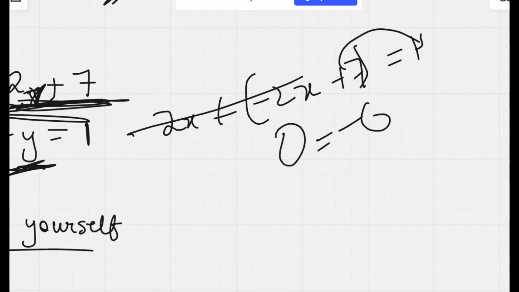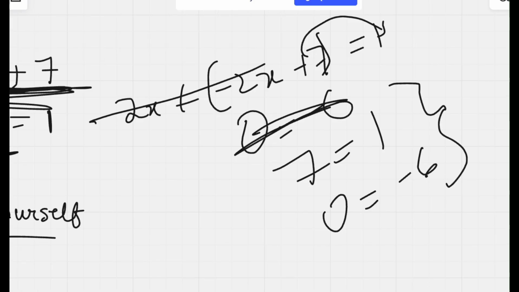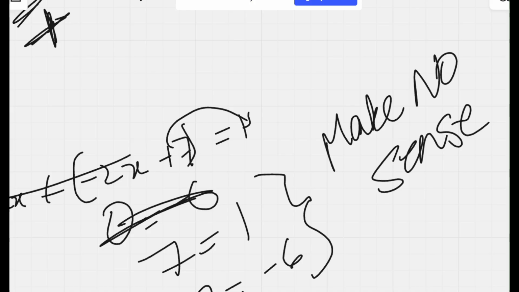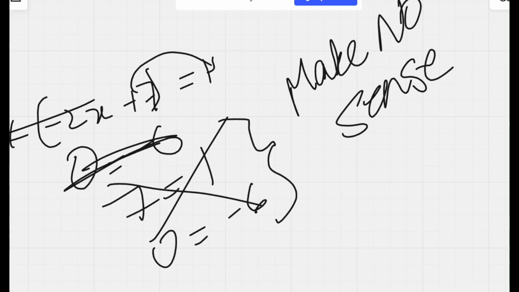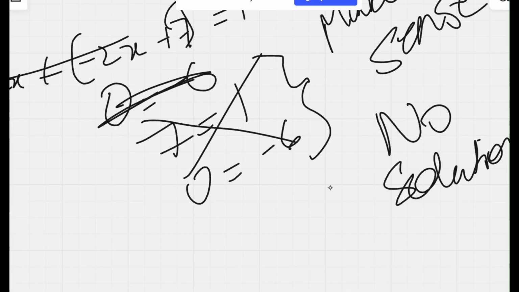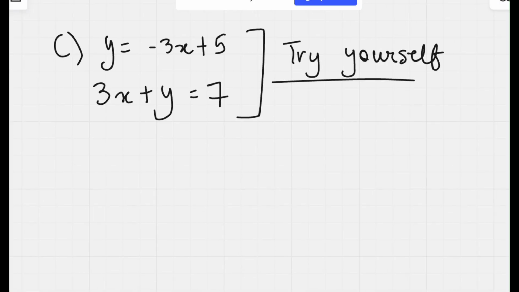Or if we keep it here, we can just say that 7 equals 1 or 0 equals -6. Both of these make no sense. They're just wrong. That means that we have no solutions, meaning that the lines are parallel. And try this example yourself now.